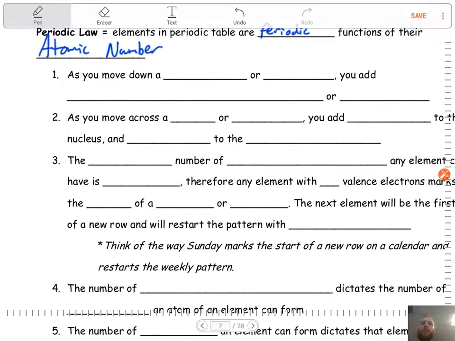Okay, as you move down a group or column, and we'll talk more about those in the next video, you add a principal energy level. So one principal energy level. You might see them referred to as PELs, principal energy levels.